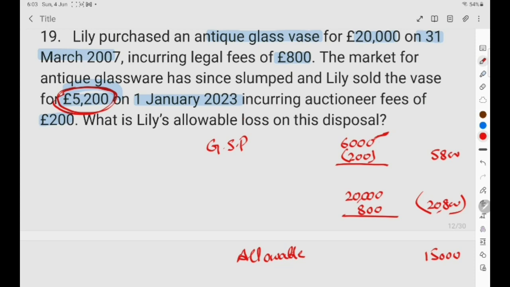We deduct 200, that is the selling cost, and the net sale proceed is now 5,800. Then there is an allowable cost of 20,000, the purchase price of the antique vase, and 800 the legal fee. So it is 20,800. So allowable loss is 15,000.